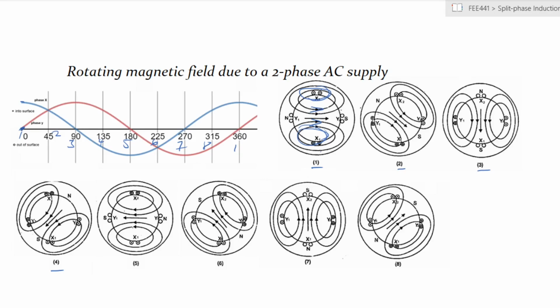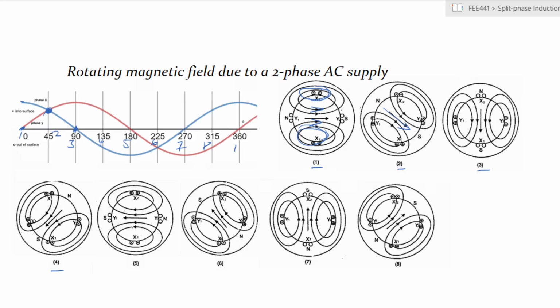At instant number 2, both phases are at positive values, and therefore they have a resultant that moves in that direction. At number 3, the X phase has 0 voltage and therefore 0 impact on the magnetic field, and you have the field going that way.